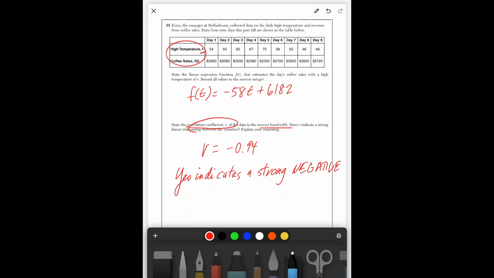When the temperature goes up and it gets hot, the coffee sales are going to go down, right? Who wants to drink hot coffee on a really hot day? And who wants to drink cold coffee on a really cold day? So these work in opposite directions. That's why it's a negative correlation.